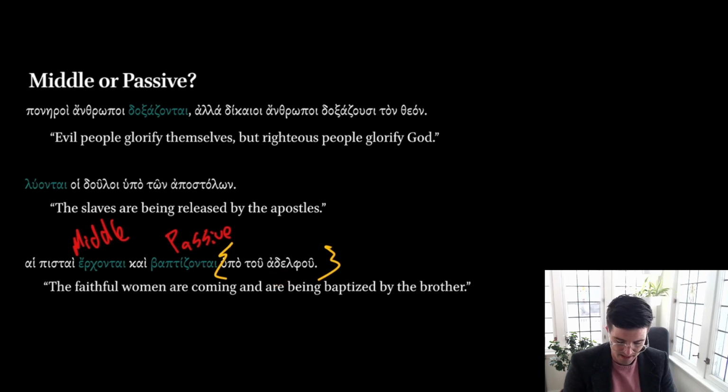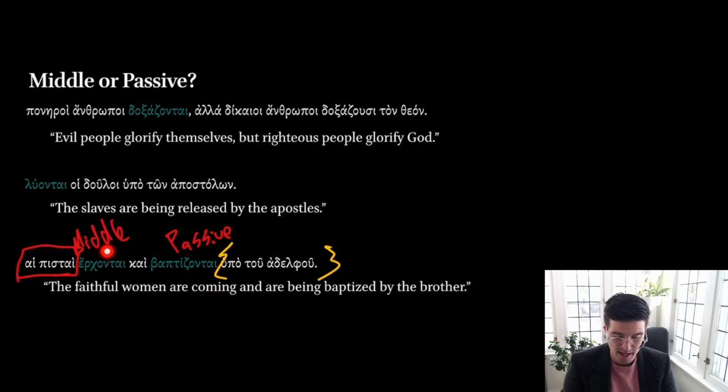So the hai pistai, the faithful women. Here, notice we have a substantive adjective. Hai pistai is an adjective that's been made into a noun and is functioning as the subject of both verbs. So they're the subject of baptidzontai, and this is who's doing the action to them.